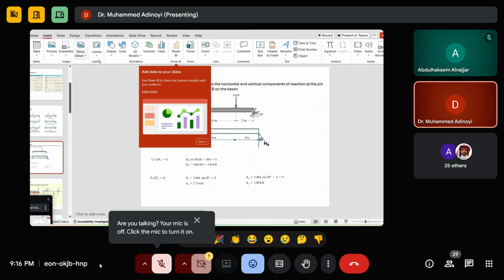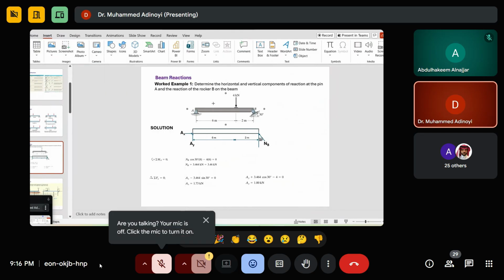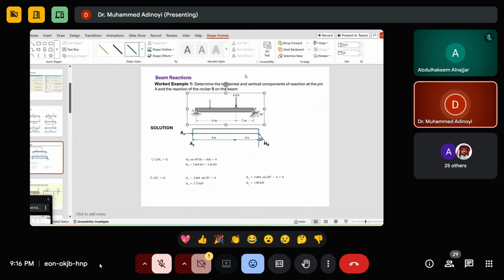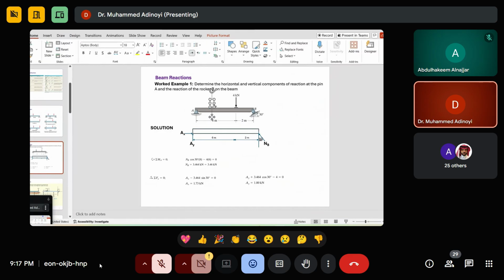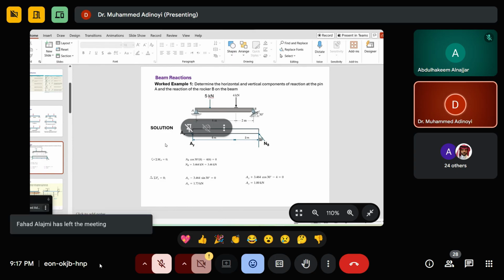So just wait, let me insert. For example, I can also decide to introduce maybe another force here. This is just a demonstration.